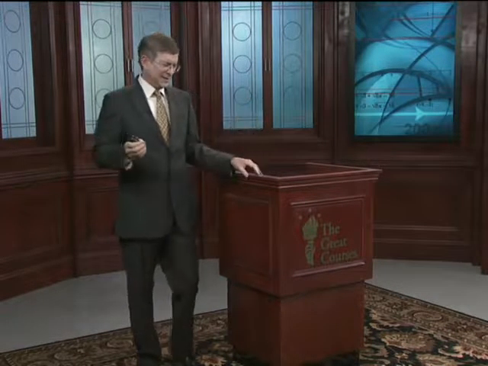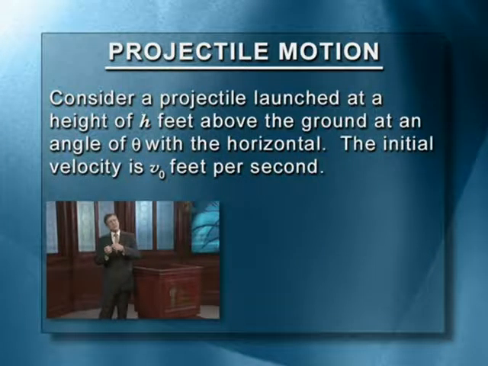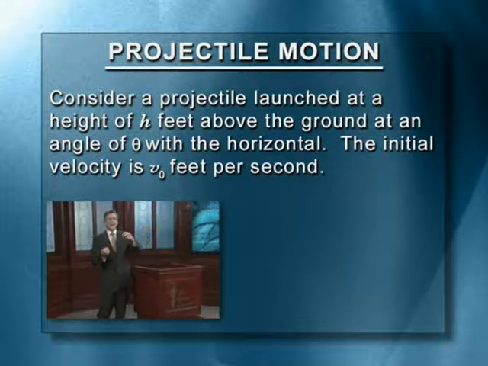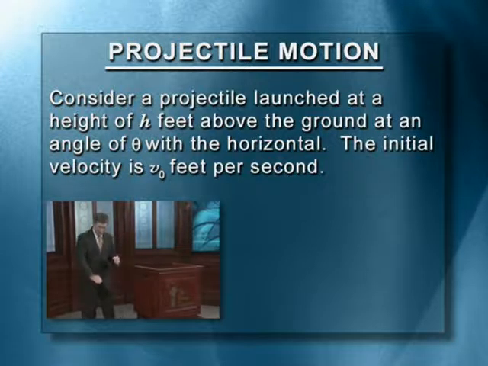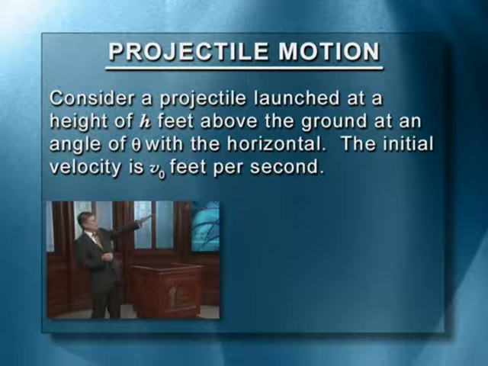Projectile motion. If you take a physics course, you'll learn about how particles can move in space. Here's the setup that we'll talk about. Suppose you have a projectile launched at a height h above the ground, at an angle of theta with the horizontal.